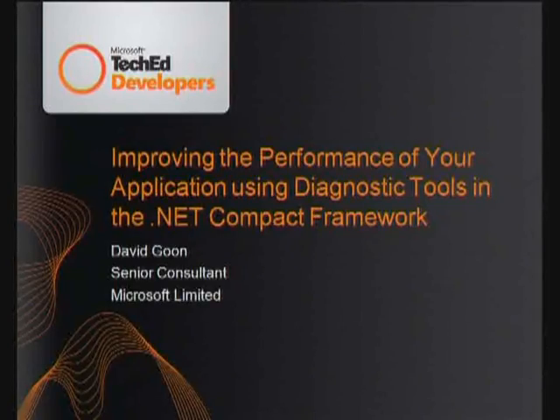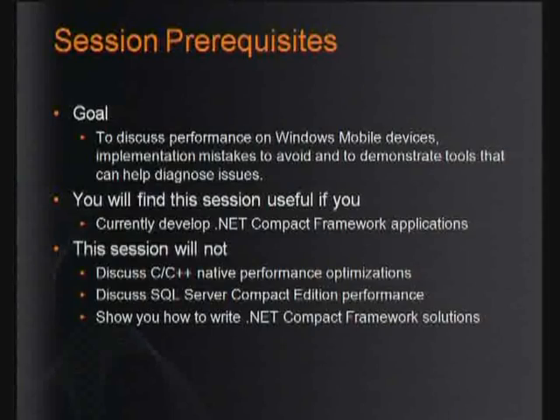So before we get started, I want to go through the goals of this session. So obviously it is to discuss how you would actually improve performance and how you monitor performance on Windows mobile devices. If you work with the compact framework, this session is going to be relevant to you.